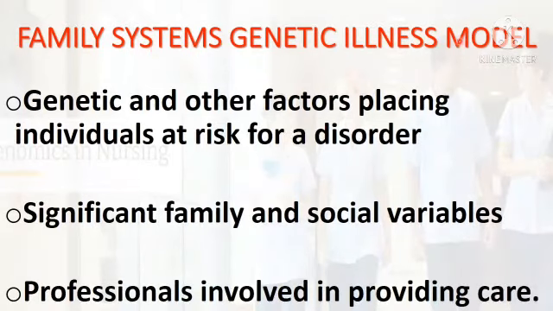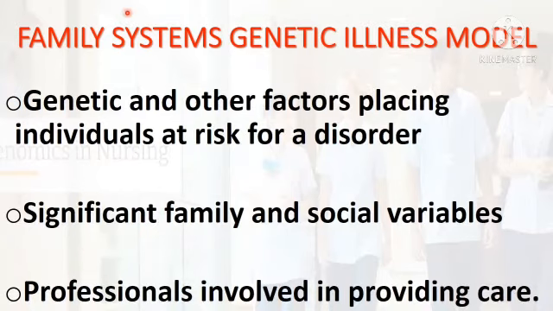There is one model called the Family Systems Genetic Illness Model, FSGI. It covers genetic and other factors placing individuals at risk for a disorder. It will tell about the genetic factors and other factors which place an individual at risk for a genetic disorder.